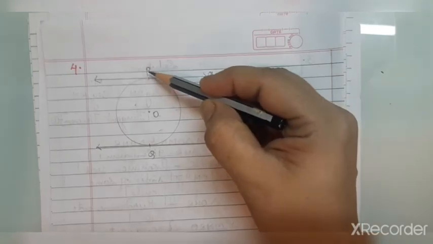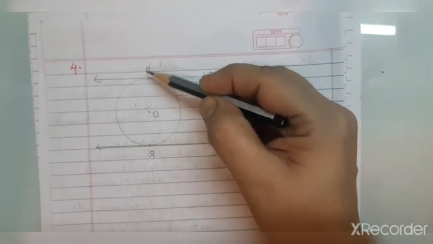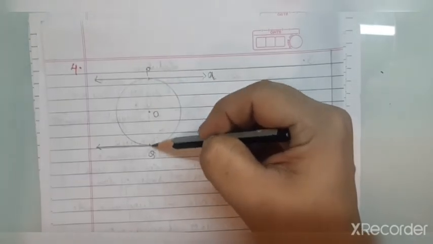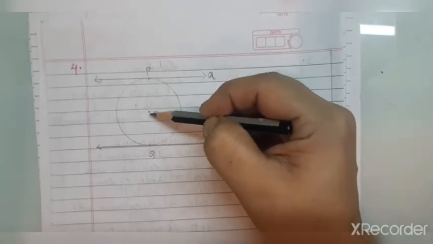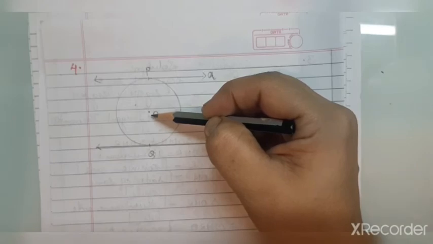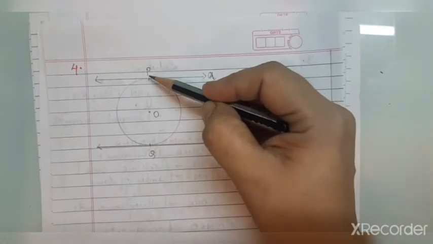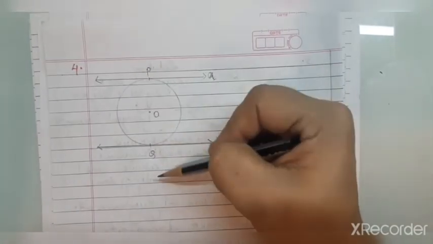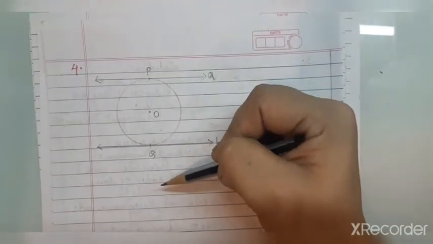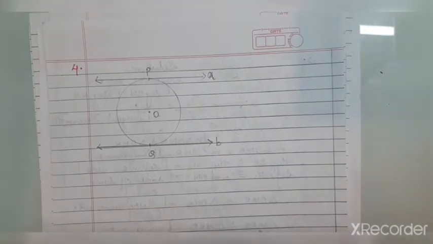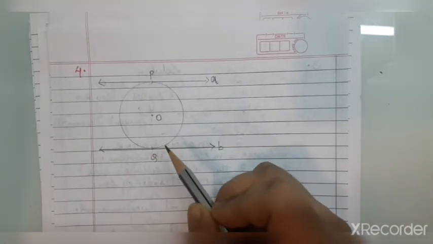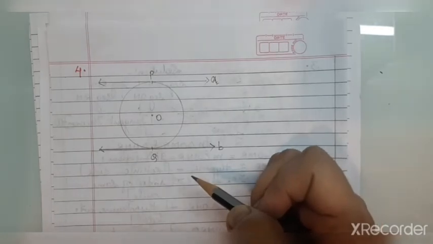But you have to first prove that this PQ is a straight line along with the point O. That means we have to first prove that point P, point O and point Q are collinear points. I'll tell you why. Now they have given the radius of the circle as 4.5 centimeter.